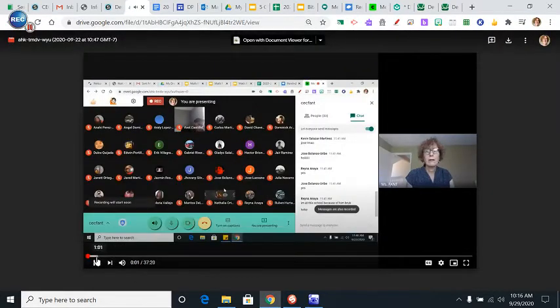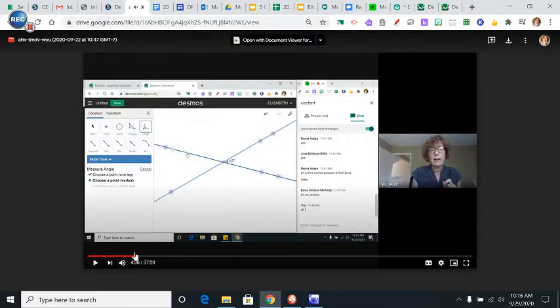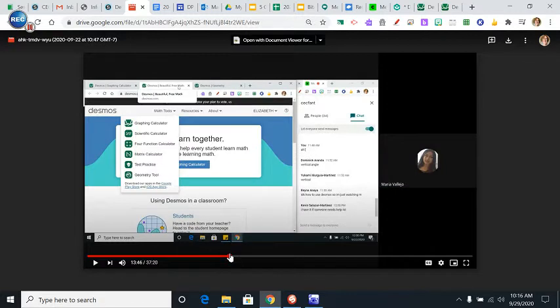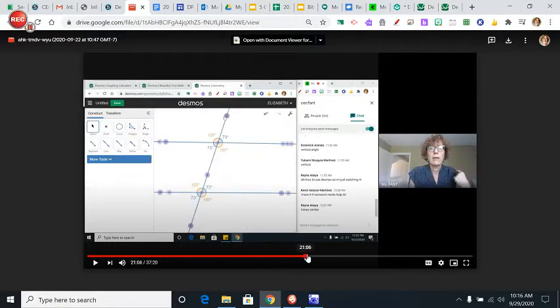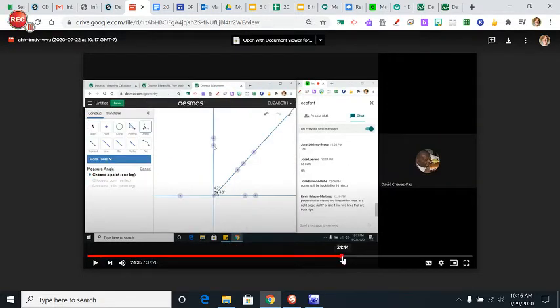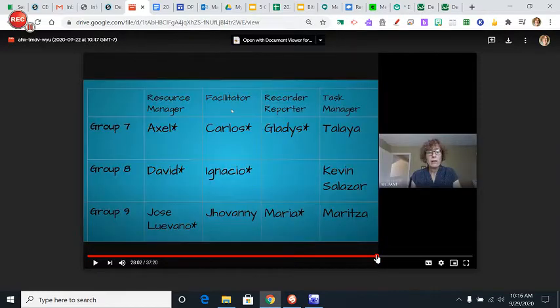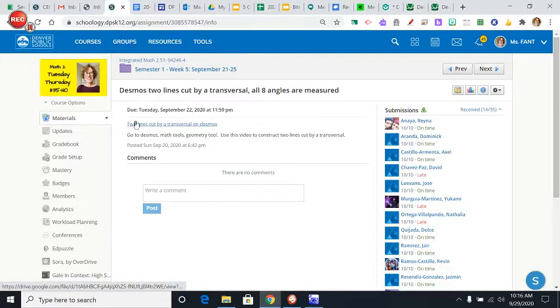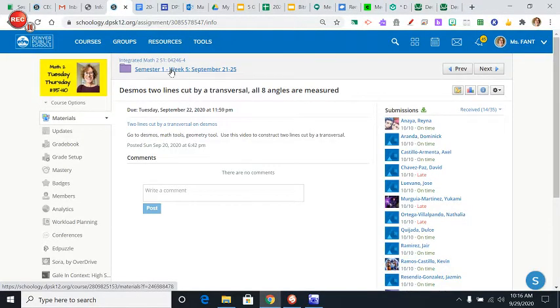So if you don't know how to create that, I start with intersecting lines and review vertical angles, complementary, supplementary, and then I think I add the second line, and we even talked about complementary angles. So there's a video there to help you with that construction if you need it, right in Schoology, right where the assignment is.